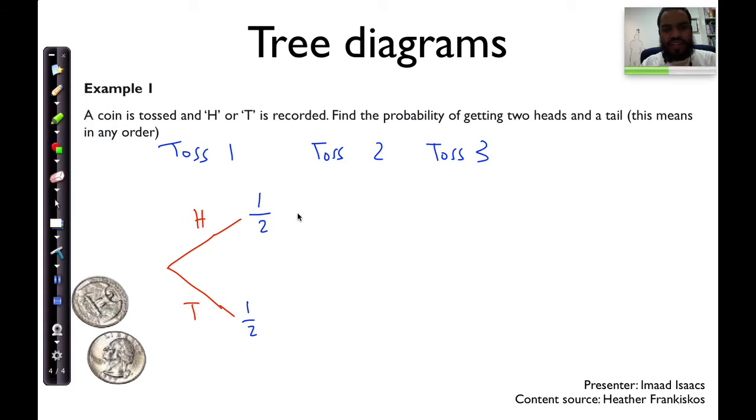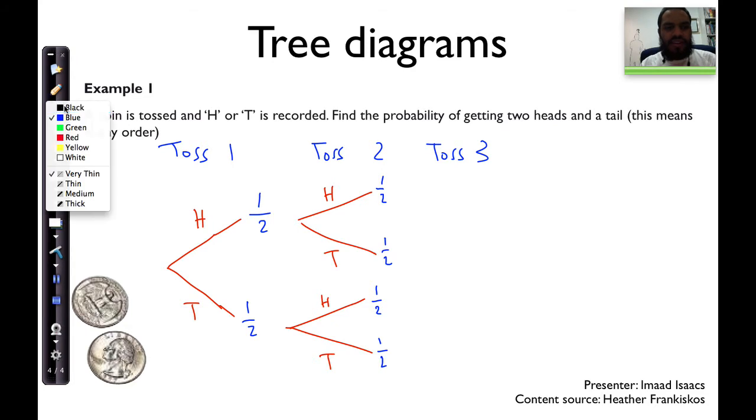And then in your second toss, you can either get a head or a tail again. You can either get a head or you can get a tail, and in this second toss here as well. Now, in each of those cases, you know the coin hasn't changed, so the probability remains 1 out of 2 for each of those occurrences.